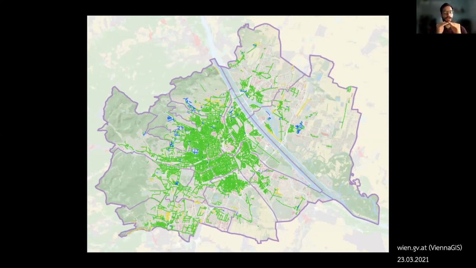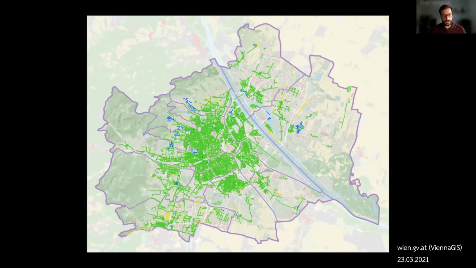Let's think about this. Now we have LEDs which are fully shielded, meaning that we no longer have any emission coming to the upper hemisphere. So in fact, if you think about this, now we have 50,000 lighting points which don't have emissions to the upper hemisphere, meaning that the satellite measuring the light pollution should see a decrease in the total radiance or in the average radiance of Vienna.